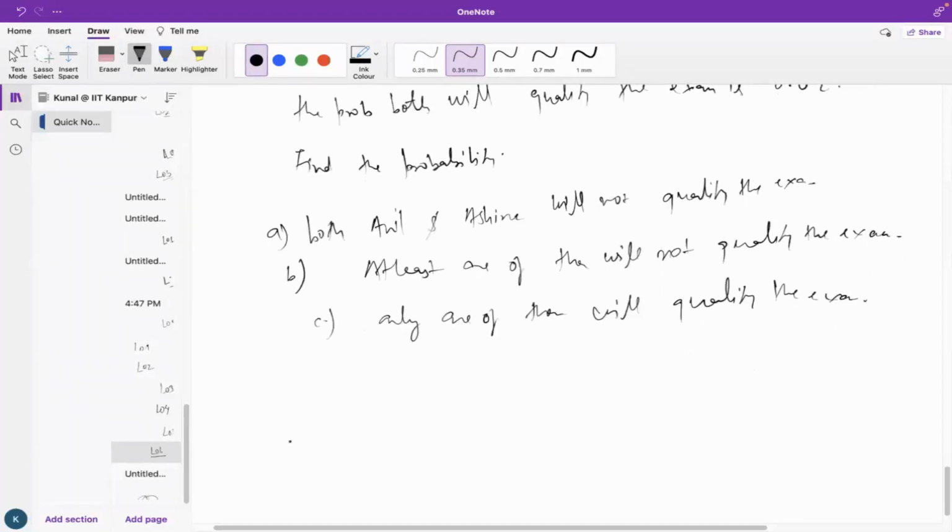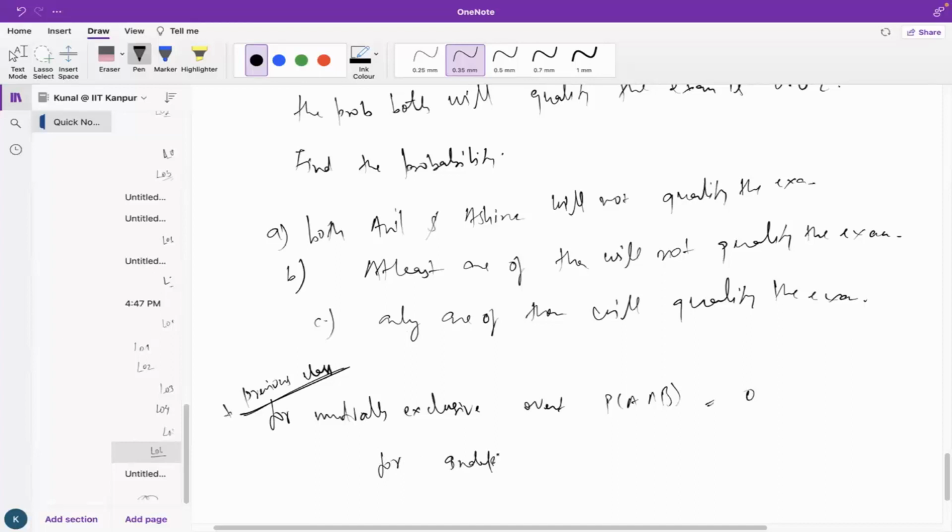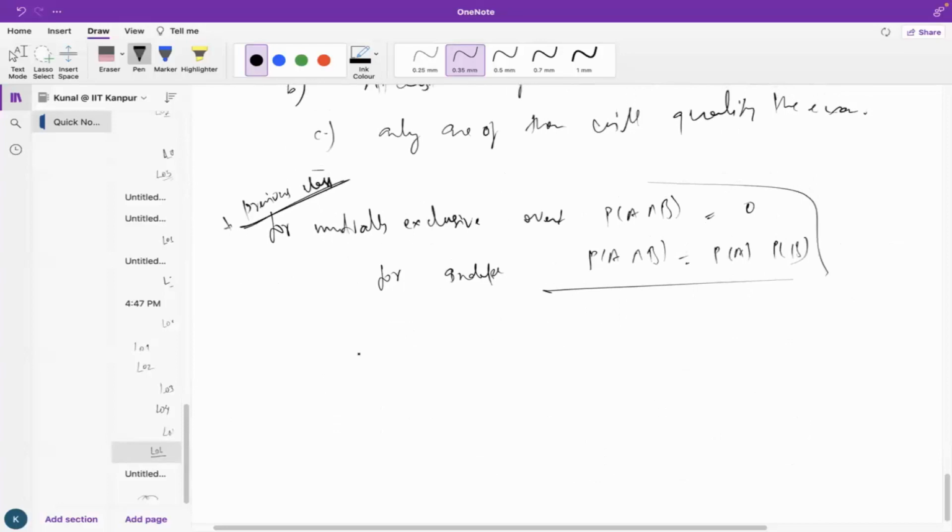For mutually exclusive events, the probability of A intersection B is taken as 0. And for independent events, the probability of A intersection B will be counted as probability of A into probability of B. जो हमने previous class में बात करी थी इस पे, है ना?